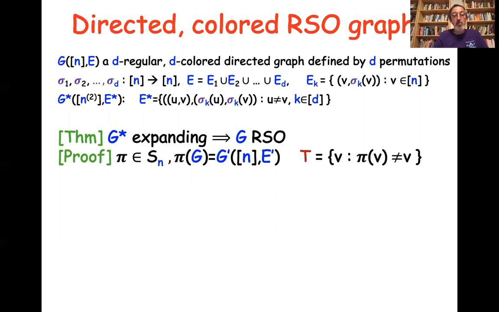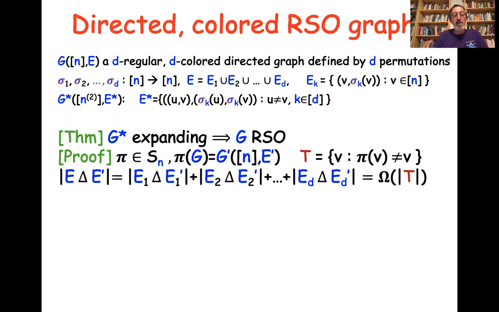Okay, so what do we want to show? We look at the symmetric difference between the old and new edges. They are naturally partitioned by color. And we want the sum of these symmetric differences to be, up to a constant, roughly the size of T, the number of moved vertices.